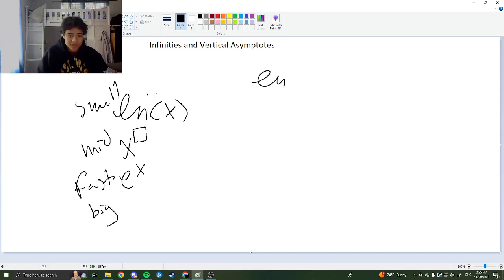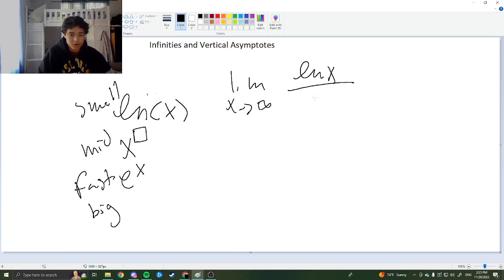If you have the limit when x is approaching infinity of ln x over x to the power of 4, for example, right? ln x is small. x to the power of 4 is mid, but compared to ln x, it's big, right?